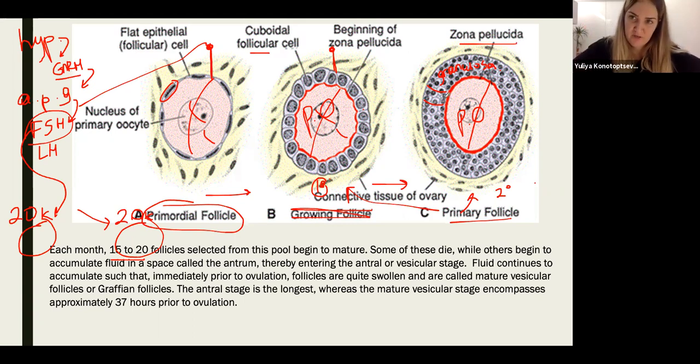We need to penetrate this wall because it's a glycoprotein, like a sugary wall that is kind of outside of the primary oocyte. So again, what are the layers of the primary follicle? Inner is the primary oocyte, then zona pellucida, then granulosa cells. Is it clear?